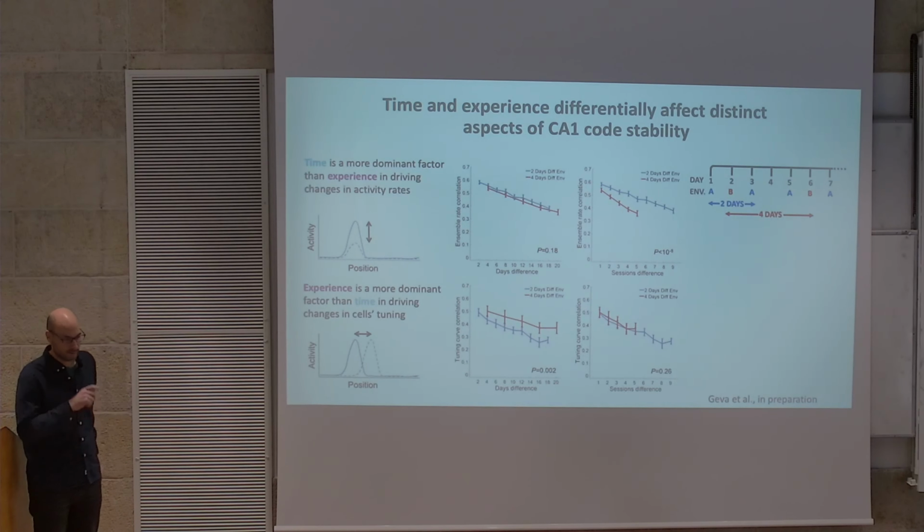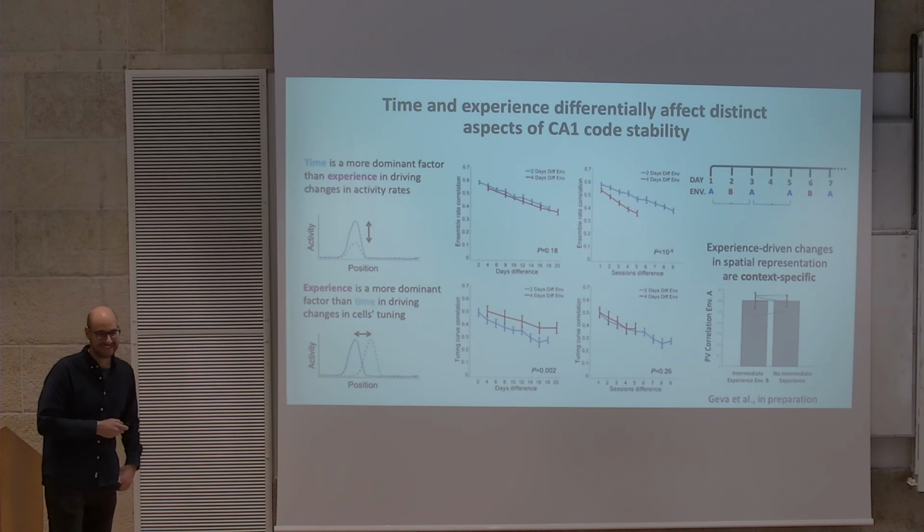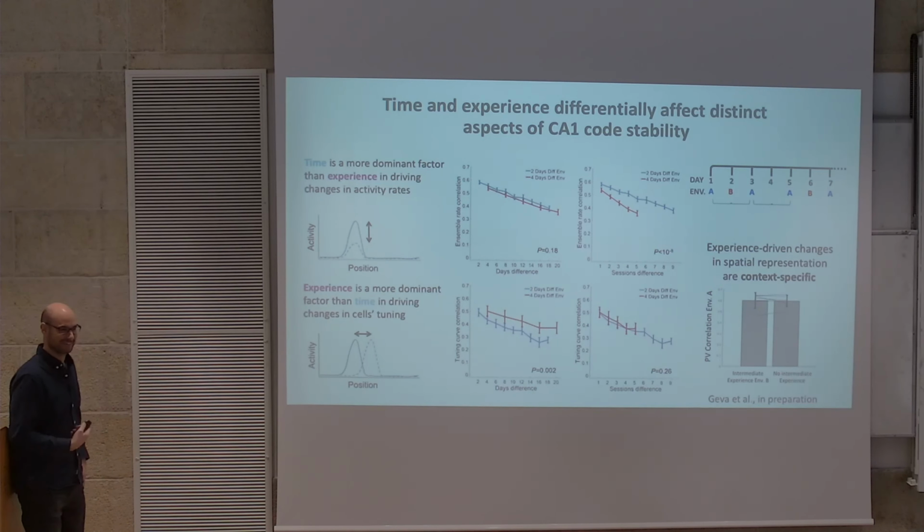Yes? Does it matter if the additional experience is the same environment? So if you compare the two A environments, when you have a B in between or not, does that matter? You mean like that? Yes, so no. It was almost an invited question. Exactly.